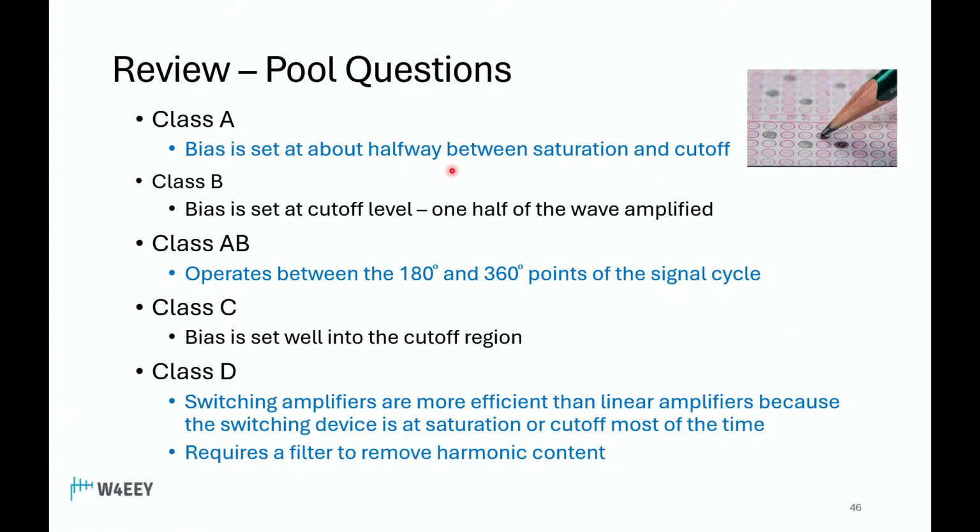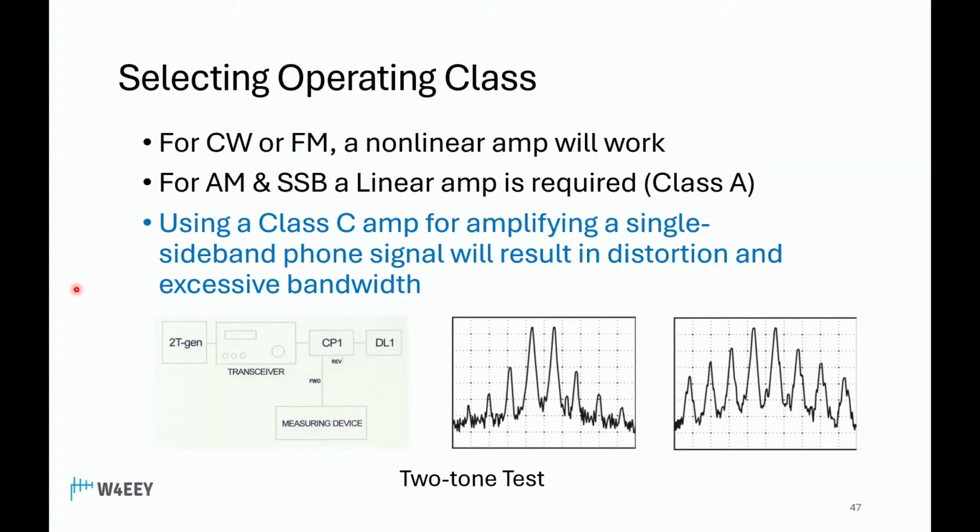So this is just a review. We've already seen this slide, but I wanted to put it up again because all of these are going to appear in pool questions. I'll give you a second to read that. All right, and then we'll move on to why you would want to use these different amplifier classes. Well, for CW or FM, those are full carrier modes.